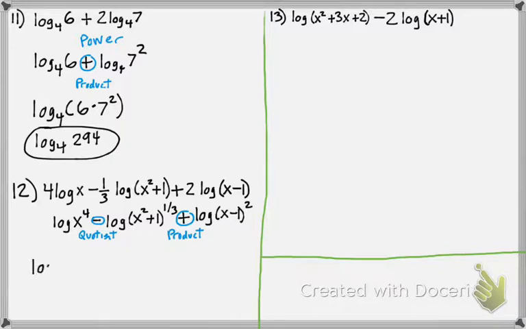It's going to be log, and I'm going to put a tall parentheses because the x to the 4th needs to go on top, the x minus 1 squared needs to go on top, and then the x squared plus 1 raised to the 1/3 needs to go on the bottom because it has a negative sign in front of it.